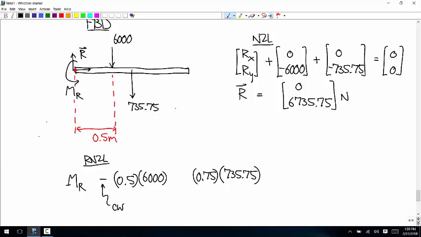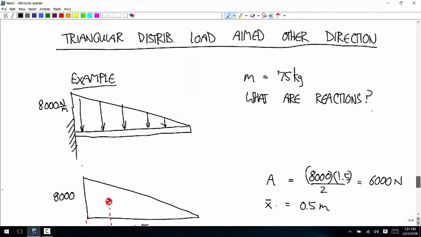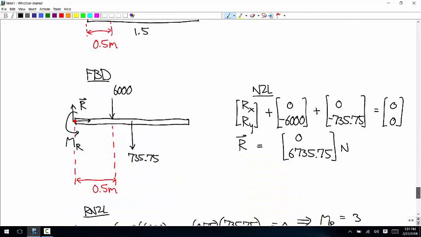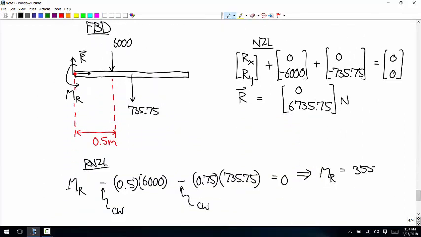Is that clockwise or counterclockwise? Clockwise again, so negative. And so this time we get MR of 3,000 plus what it was before, 551.8, so 3,551.8 newton meters.